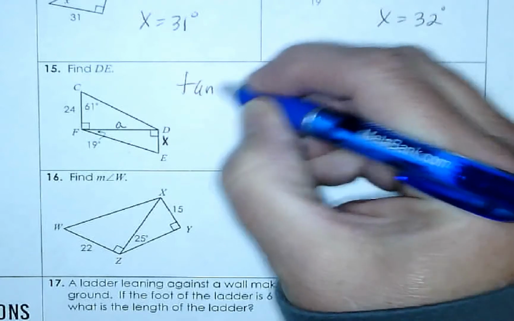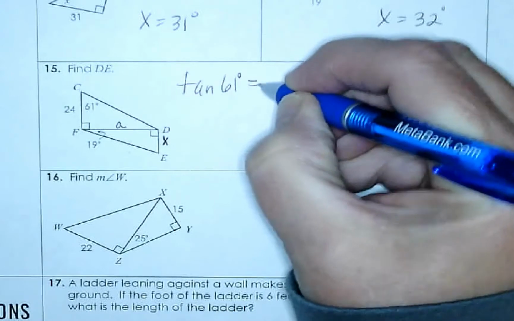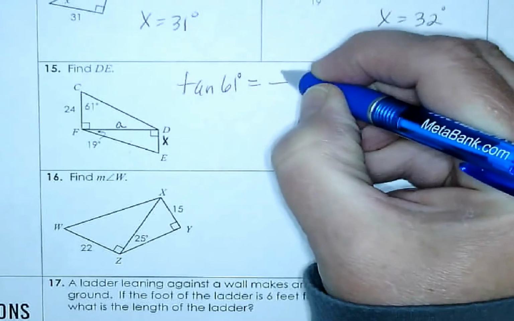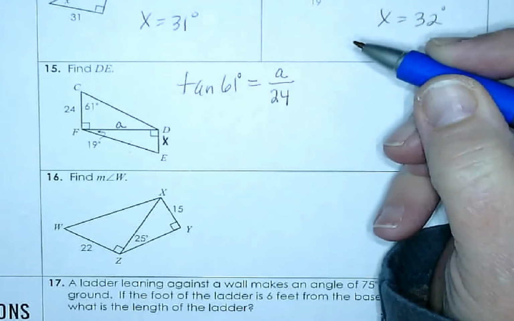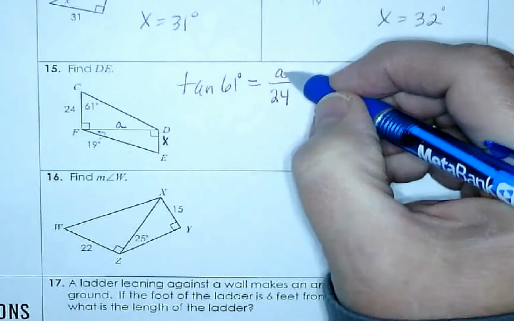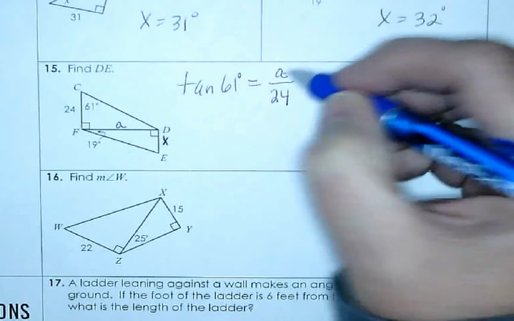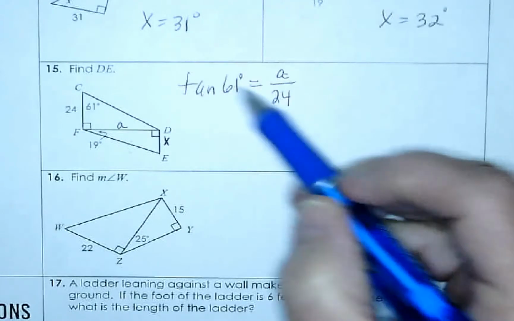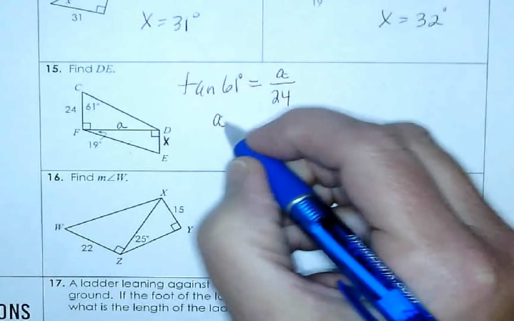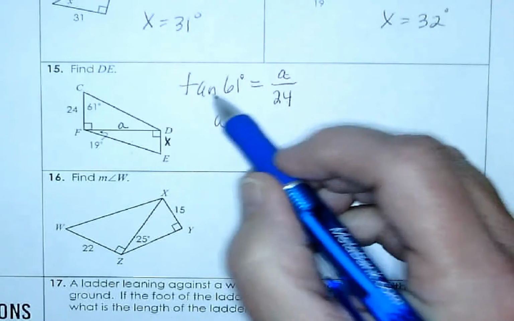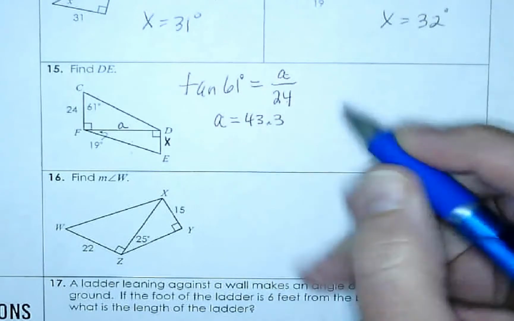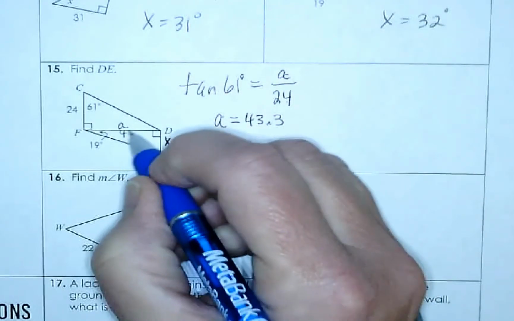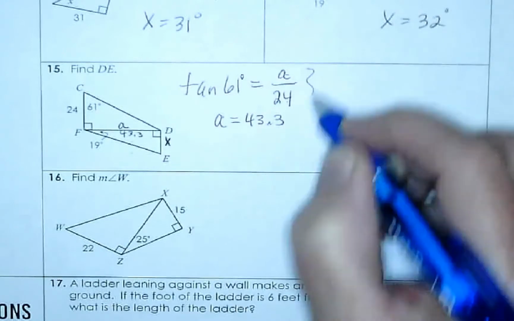So I'm going to use tan. 61 is going to be the opposite over the adjacent. Okay, so this is finding a missing side. So I'm going to notice that my unknown is on the top. So this is a multiply problem. So when I multiply 24 times tan 61, I get 43.3. So this side right here, 43.3.